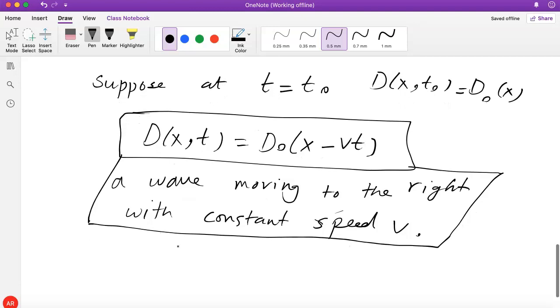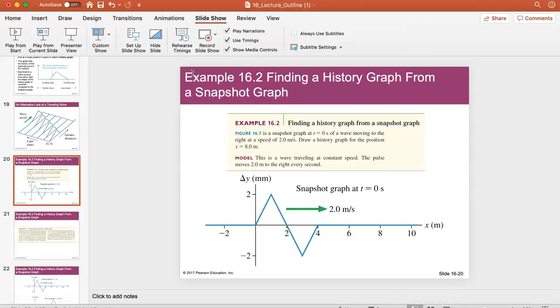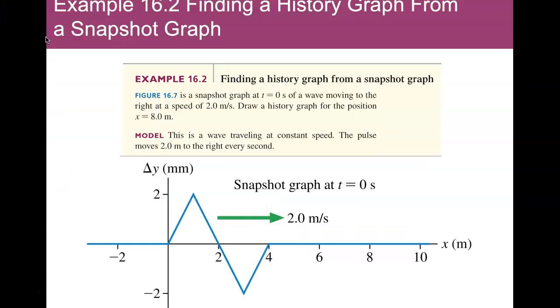All right, so let's do a quick exercise. So get a piece of paper, pause the video a little bit, try to solve this example.